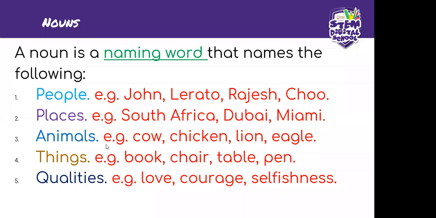So those are the names of those animals. Those are the names or the nouns we refer to those animals. Yes. For things. For example, a book, a chair, table, a pen. So these are also nouns. These, they name things.